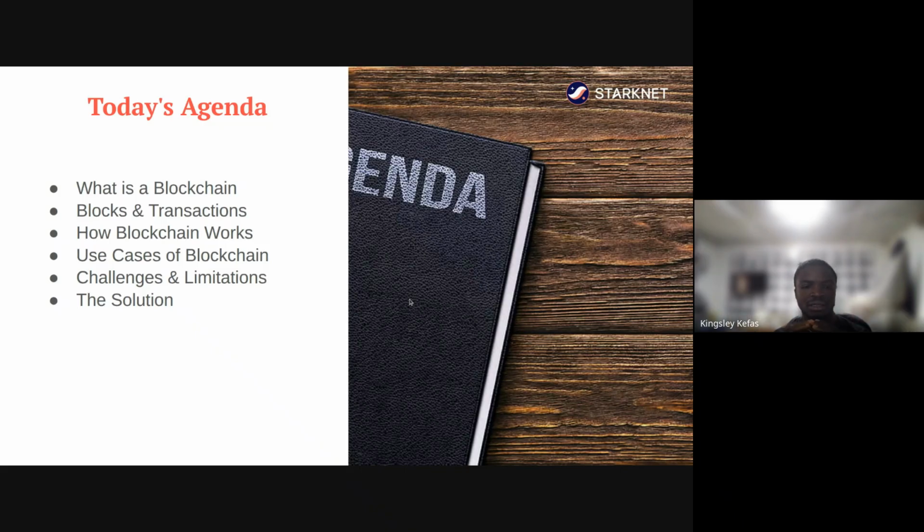Meaning that everything is not controlled by one person, right? Decentralized. Basically, everybody has his or her own control of his or her own data per se.